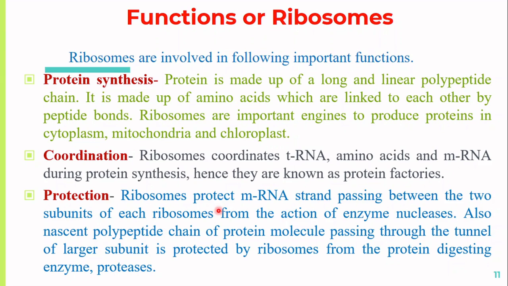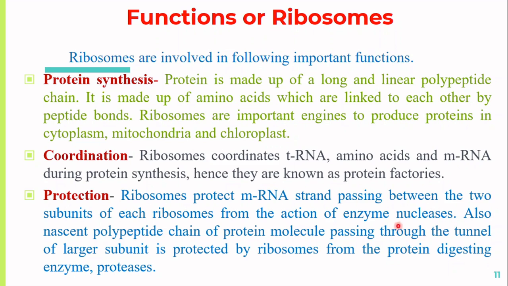How? We will see. Ribosomes protect the mRNA strand passing between the two subunits of each ribosome from the action of the enzyme nuclease. We know nucleases are enzymes which are present in the cell, and these nucleases cause the degradation and digestion of RNA as well as DNA. In the process of protein synthesis, mRNA plays a very important role.